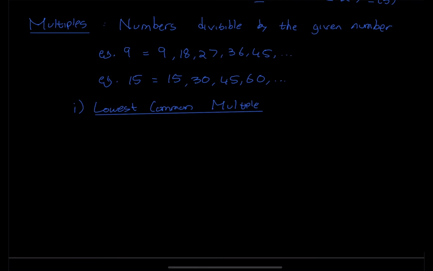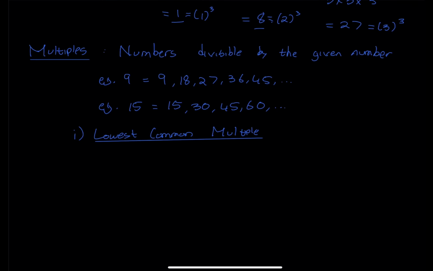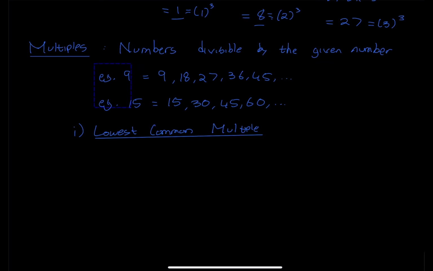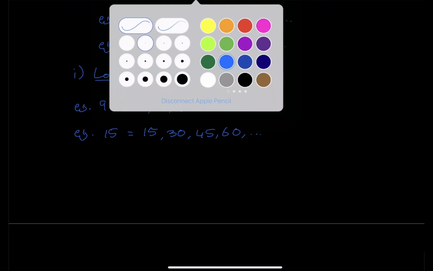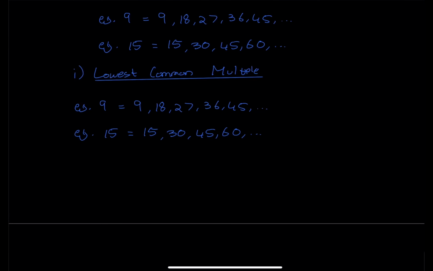Let's take these two. Copy, paste. Now to find the lowest common multiple of 9 and 15, LCM, or you can also say this as LCM, the LCM of 9 and 15.